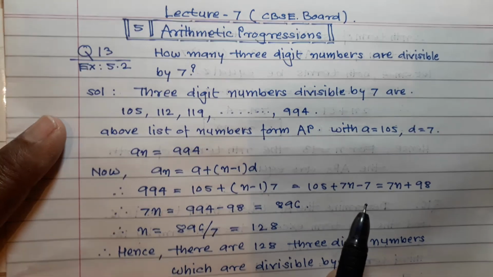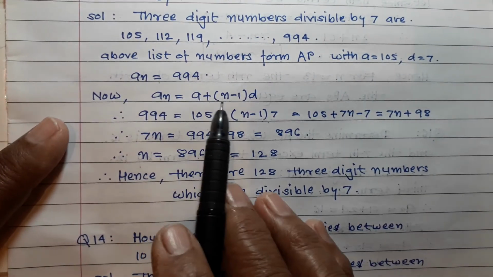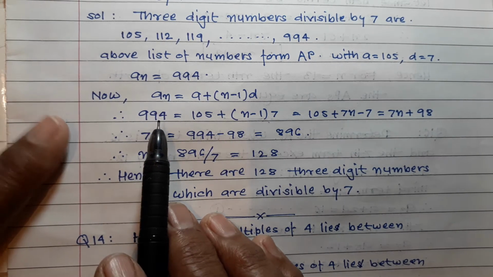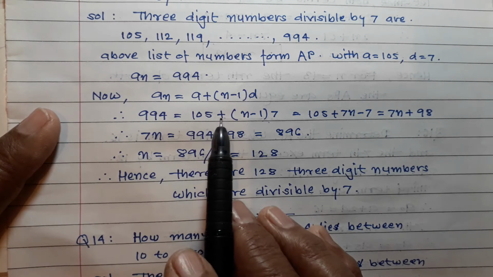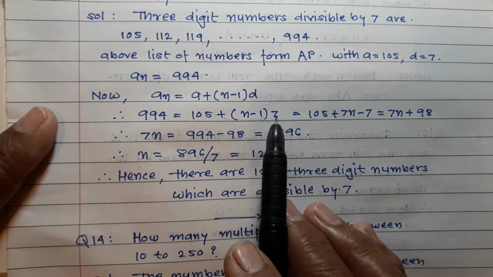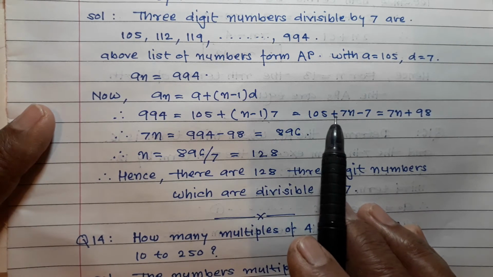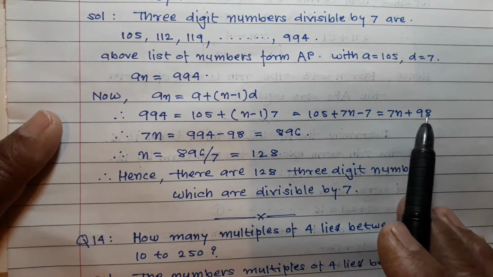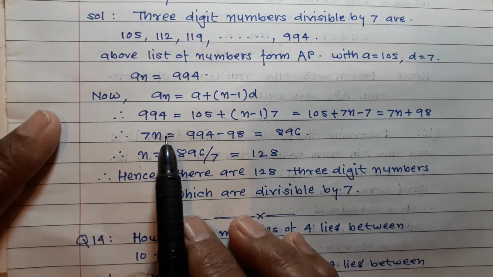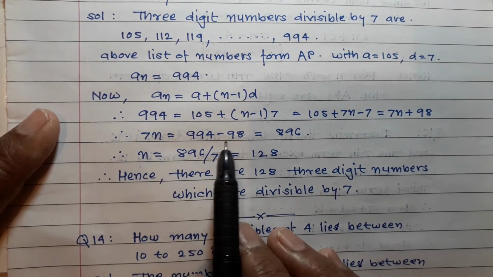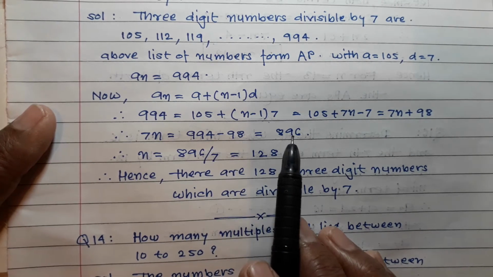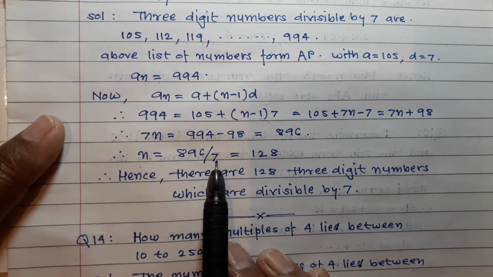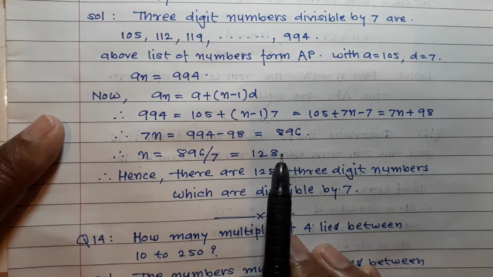Now an = a + (n - 1)d, and therefore 994 = 105 + (n - 1) × 7 = 105 + 7n - 7 = 7n + 98, and therefore 7n = 994 - 98 = 896, and therefore n = 896/7 = 128.